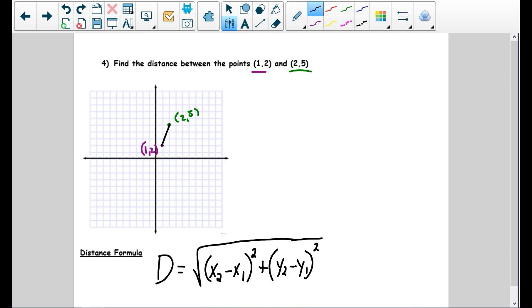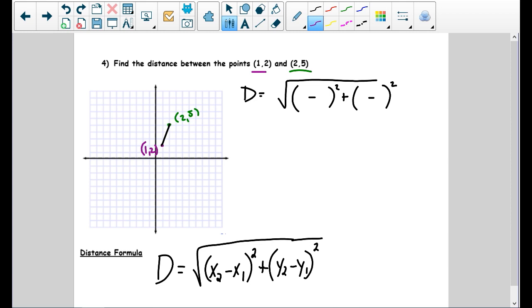So to use this formula, you need to follow some basic steps. First step is just to write it out without x's and y's in it, like that. So you have the outline of my distance formula. What I'm going to do now is take my points and plug them in. Whatever point I pick first needs to be first in both sets of parentheses, x and y.